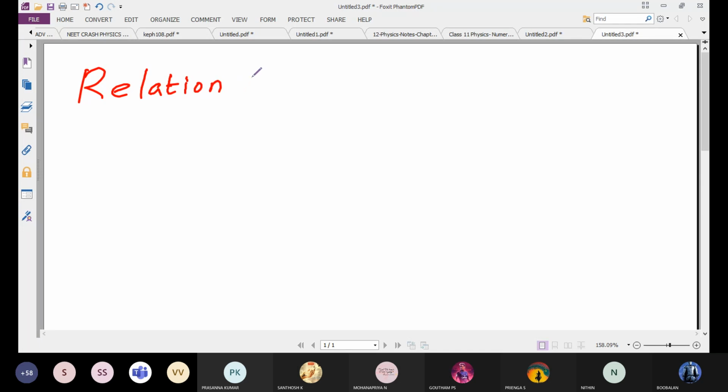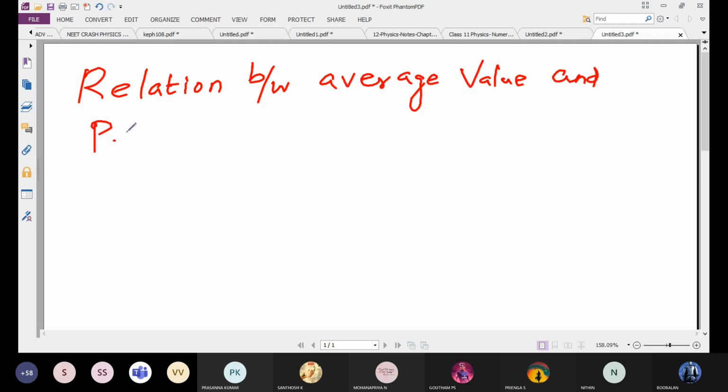Relation between average value and peak value of AC.